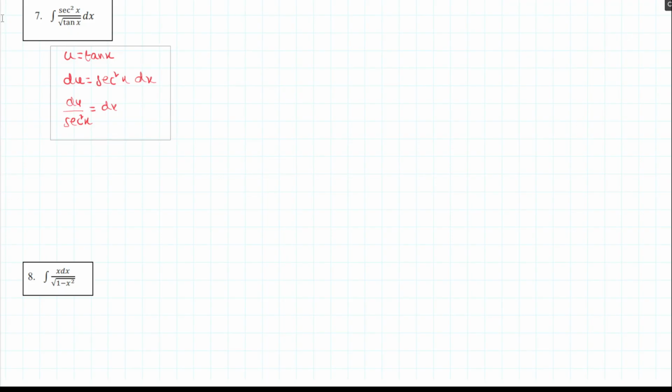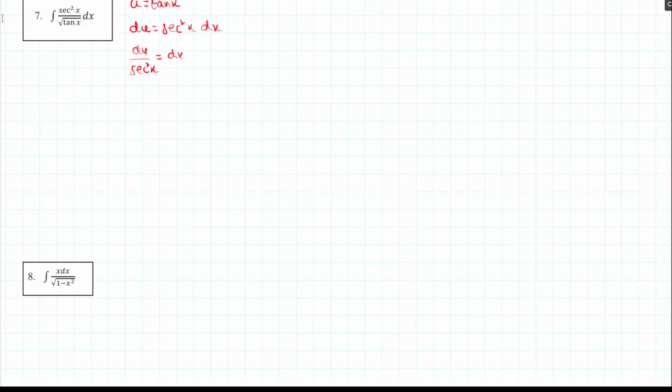Let's keep it aside. So this integral becomes secant square x over square root of tan x equal to u, and dx equal to du over secant square x.